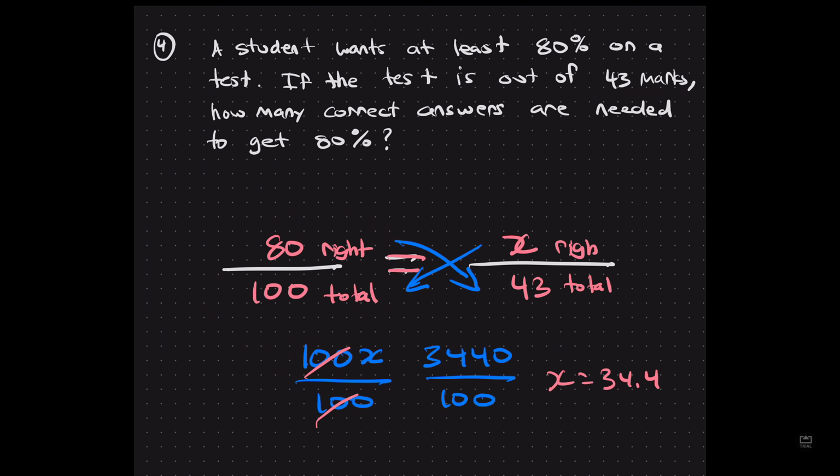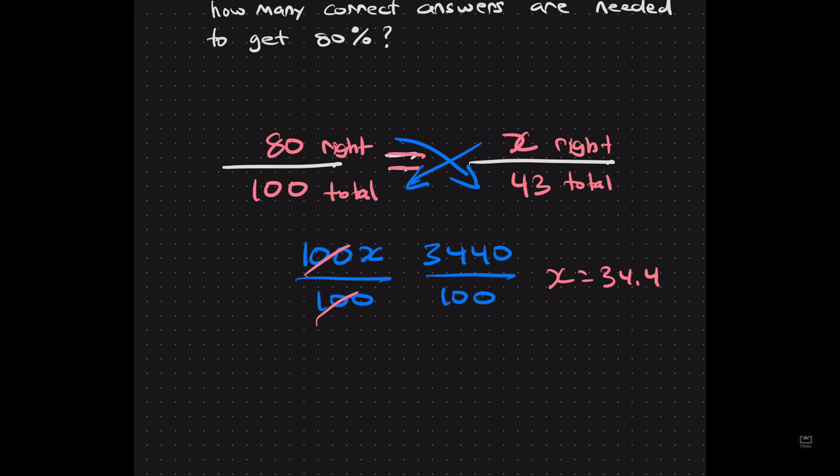Now this is how many questions they need to get right. You can't get 0.4 of a question right. So if this was a question on a math test and they have selection A, which is 34, and selection B, which is 35, the correct answer is 35. If you got 34 right, you'd almost be at 80%, but you're not quite there.